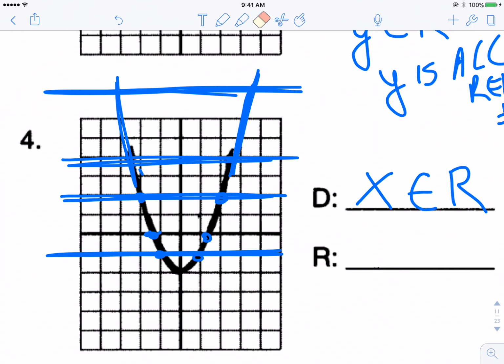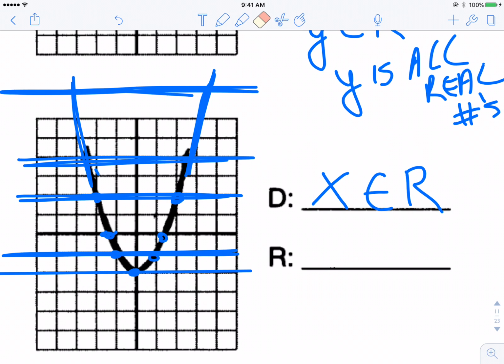Well, it's that y value right there, -2. So how do we say that the range is -2 and bigger? Well, we simply say y has to be greater than or equal to -2. And simply done.